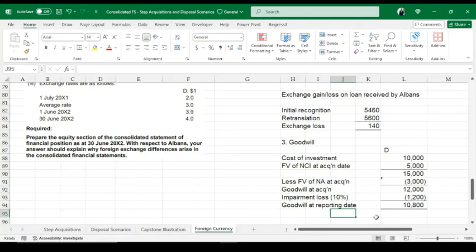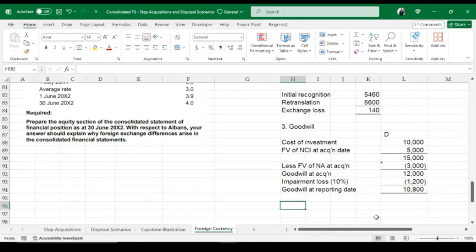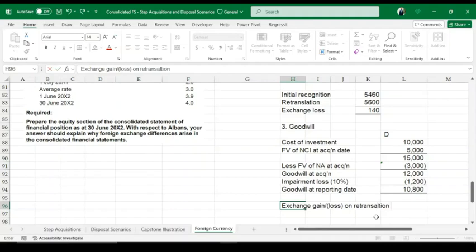Now we need to retranslate this goodwill, or translate it, however you want to call it. So we have exchange gain or loss on retranslation of our goodwill.